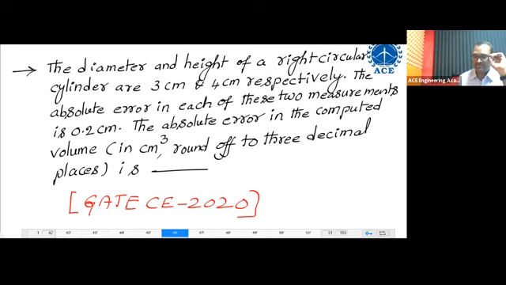Error in the diameter is 0.2 and error in the height is also 0.2. So finally, the absolute error in the computed volume of a right circular cylinder, which is pi r square h.